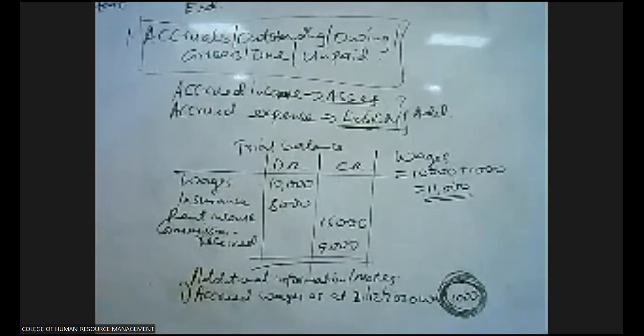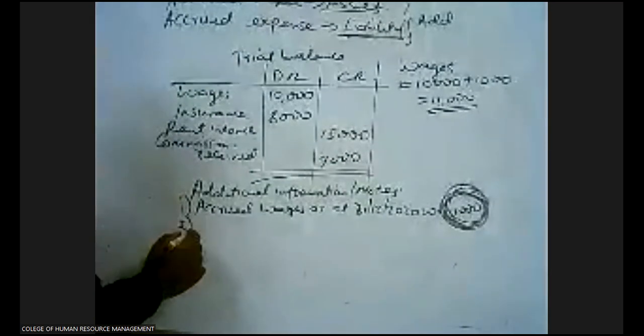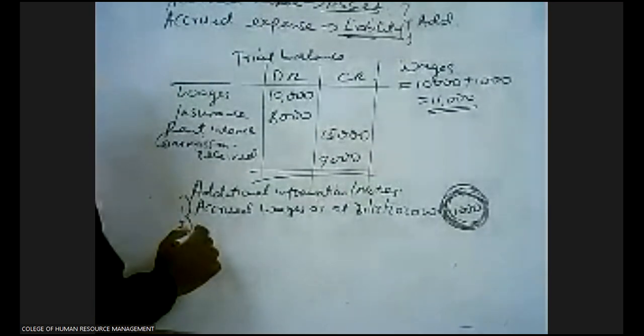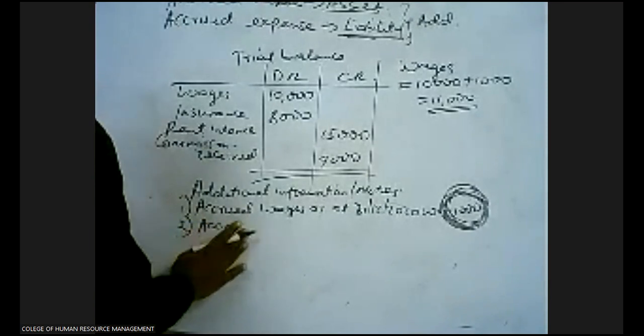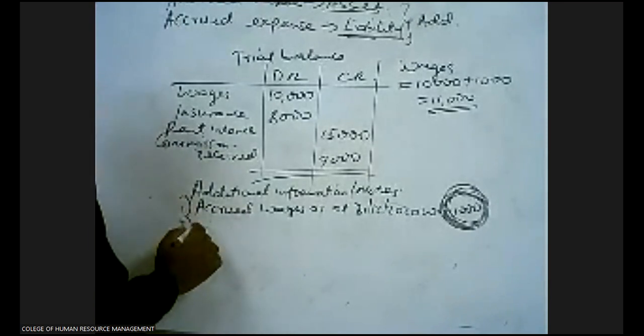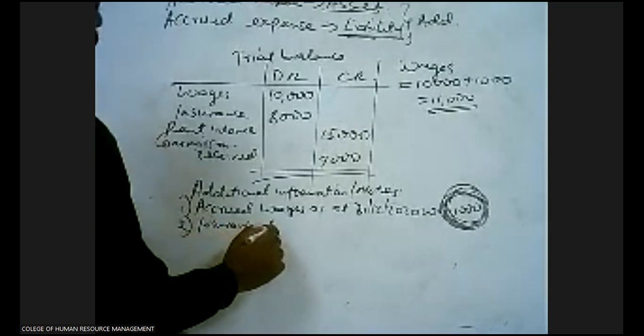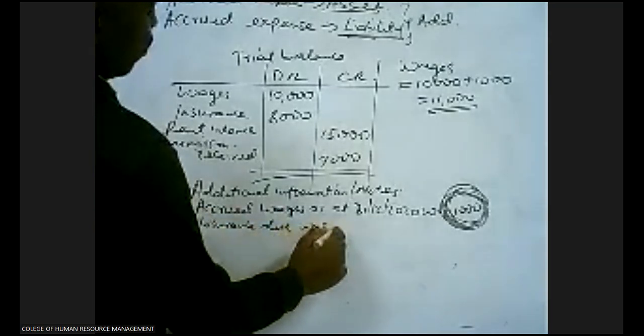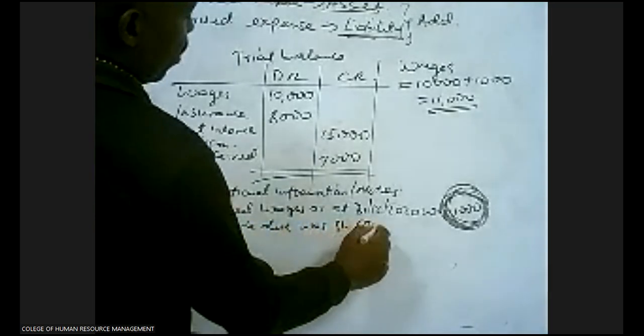So another case now, maybe you can be given another additional information. Additional information number two, whereby you are told accrued, let me use the other term, insurance due was maybe 500. Insurance due. This is still the same as accrued.